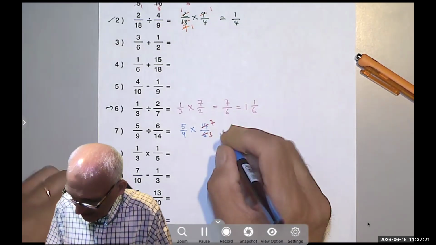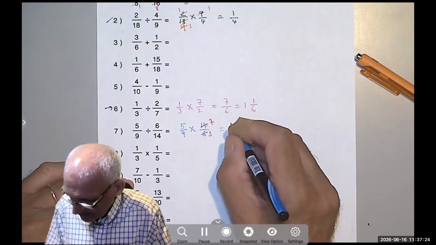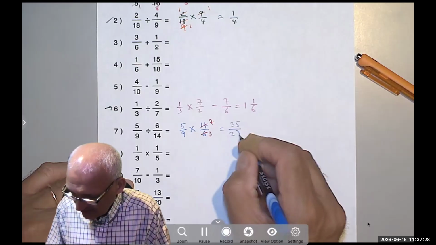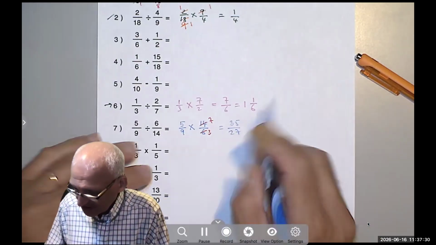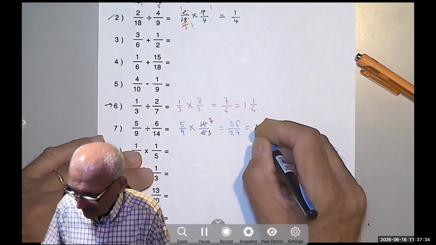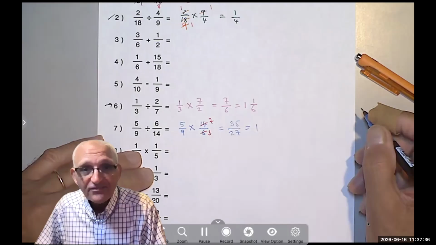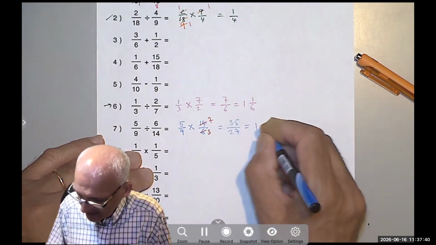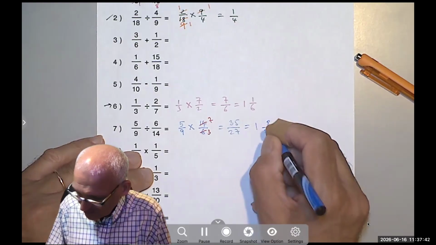And again, when I multiply 7 times 5, I get 35. When I multiply 9 times 3, I get 27. Again, improper fraction. So you say, okay, I divide 35 by 27. That's a 1, and the difference is 8. When you subtract 27 from 35, you get 8. So that's 1 and 8 over 27.